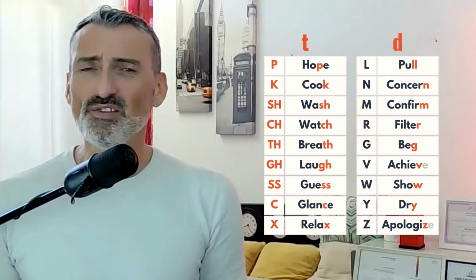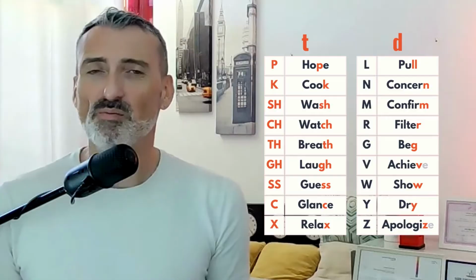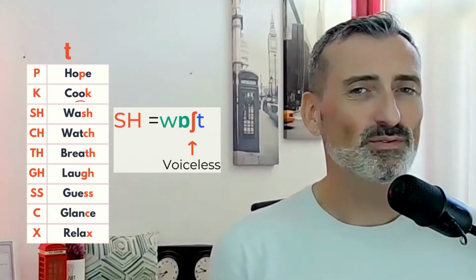In this chart, we can see some regular verbs where the ed suffix is pronounced with T or D. Obviously, it all depends on the last sound that you can hear when pronouncing the verb in the infinitive form. Let's see some examples.